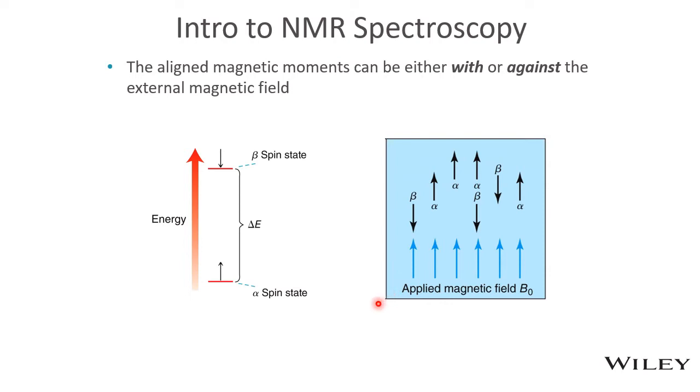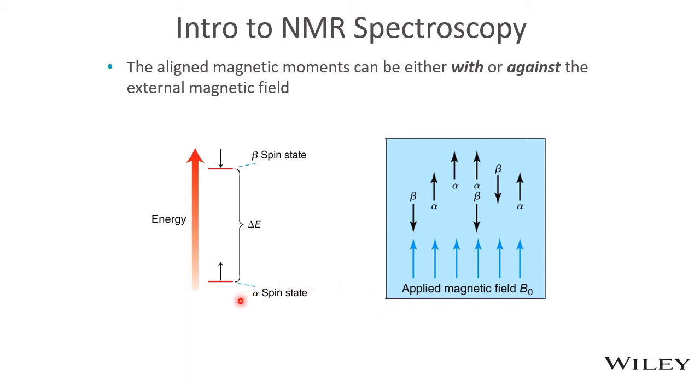So what happens in an NMR is we put a molecule containing these atoms in the machine. The machine will apply the magnetic field and align the atoms in the molecule either in the alpha or beta spin states. Then the machine supplies energy to the molecule.